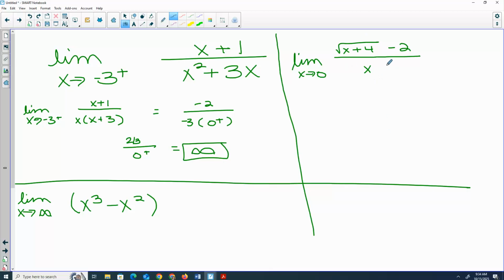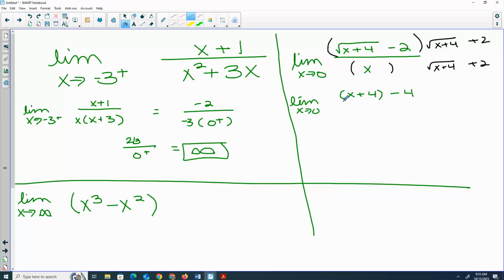All right, this one. Can I plug in 0? No, so what's our strategy? Multiply by the conjugate, square root of x plus 4 plus 2. If we do that, multiply those radicals, they cancel, so it gives me x plus 4.